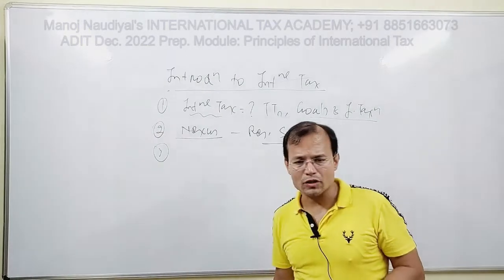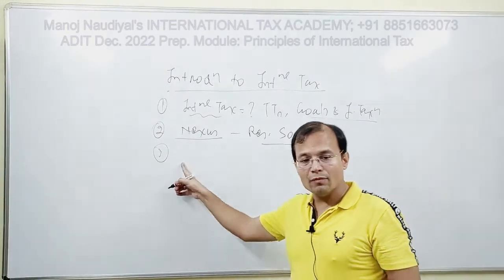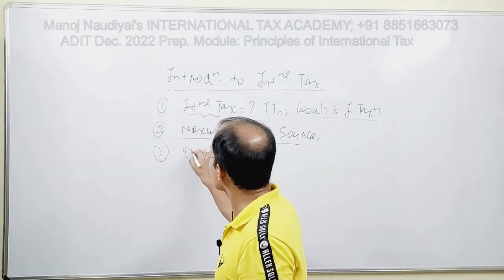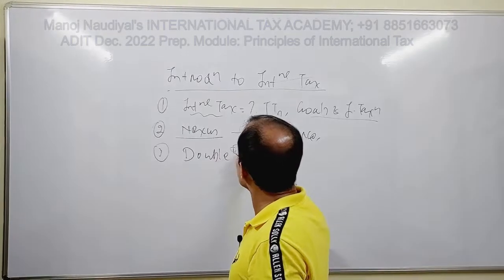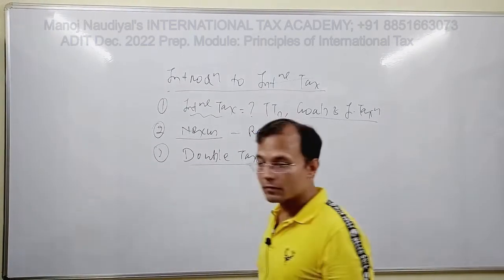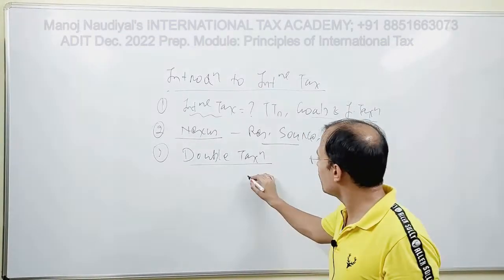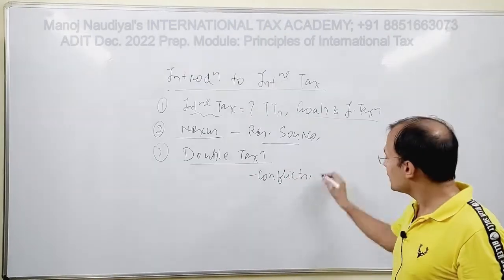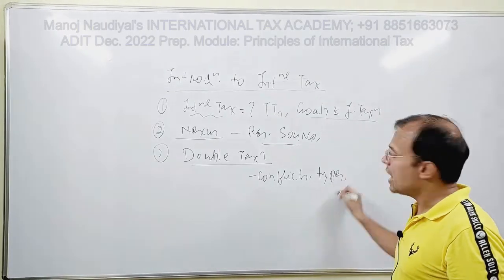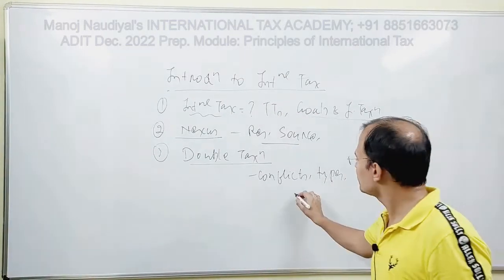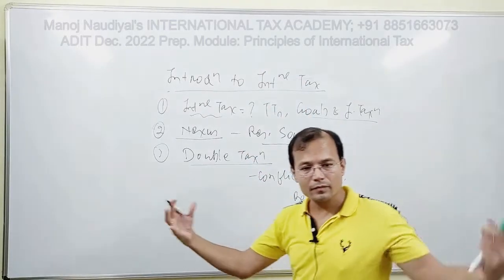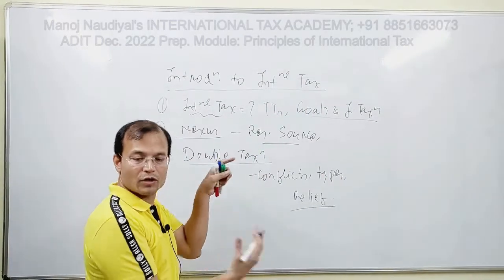And then third, we'll move over to double taxation. What is double taxation? Conflicts, types, and then ultimately relief from double taxation. So this is your structure for the introduction.